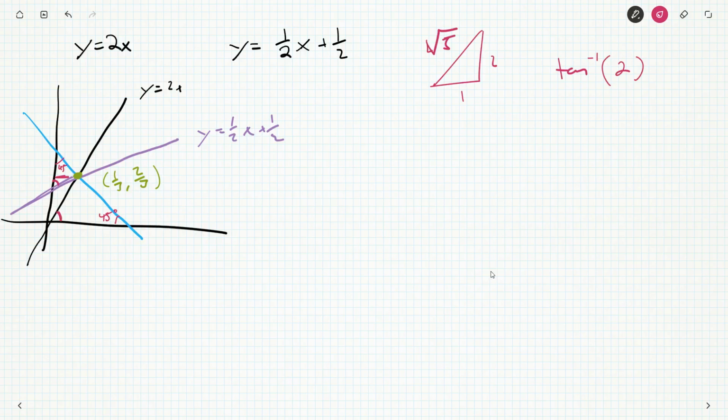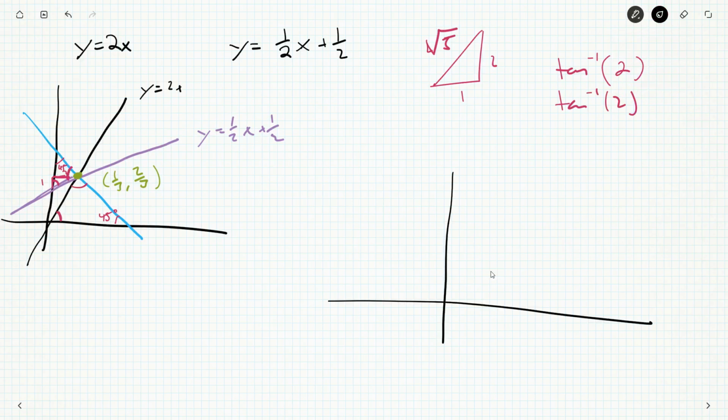And this angle right here is arctan of, so it goes 1, 2. So it's also going to be tan inverse of 2. That's a single solitary number, so both of these angles are the same, which means these angles of intersection are the same.